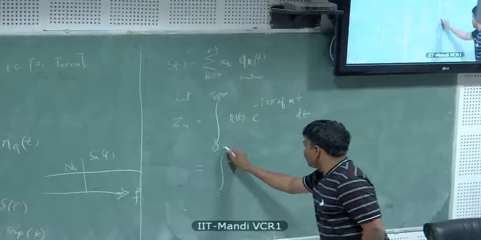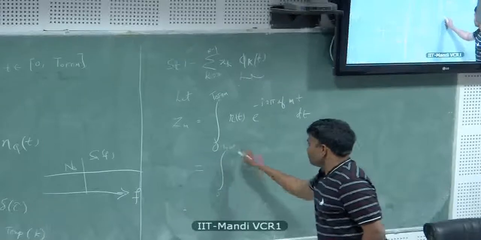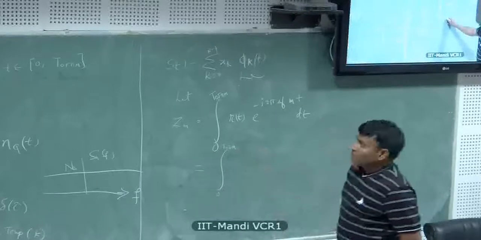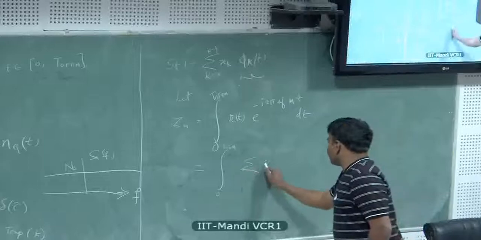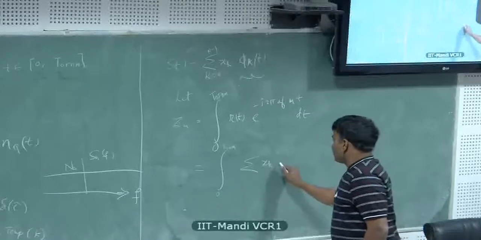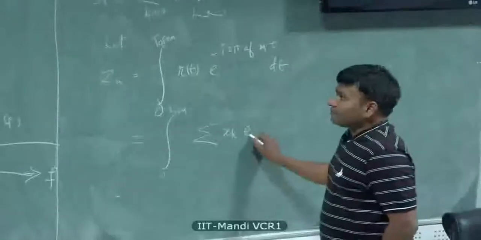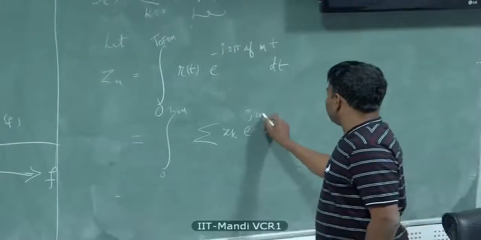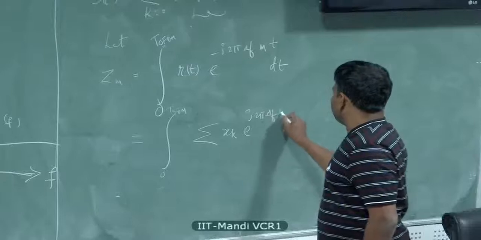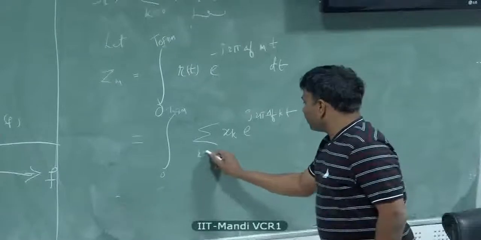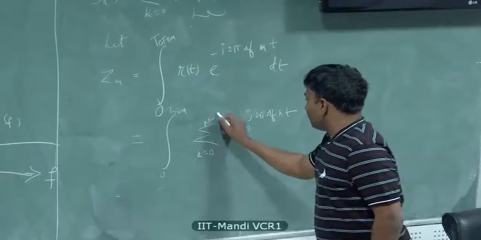0 to T OFDM, and summation xk, e to the power of j 2 pi delta f kt, k ranging from 0 to n minus 1.